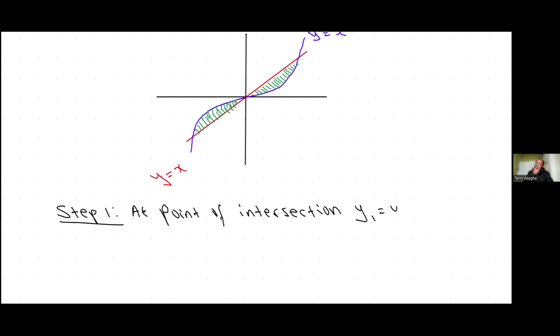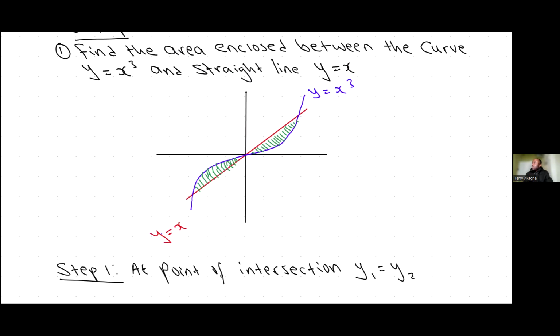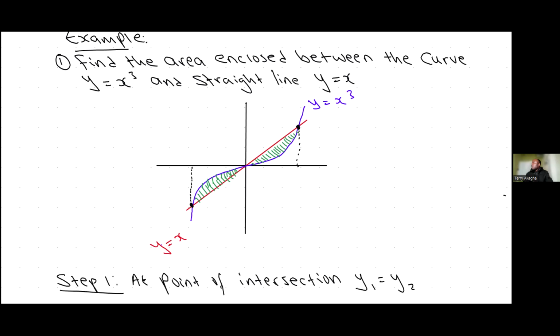So that means the line and the curve will be equal to each other. So at this point of intersection here, and the point of intersection here, they will be equal to each other. So we're trying to find out what is the x value for each of these. So at this point, y equals x cubed will be equal to y equals x.